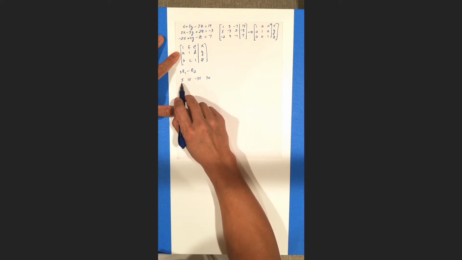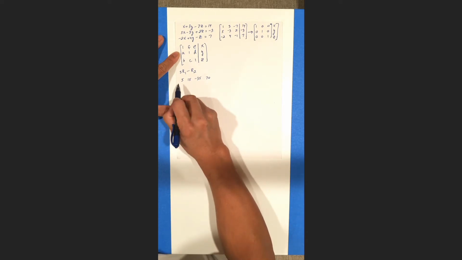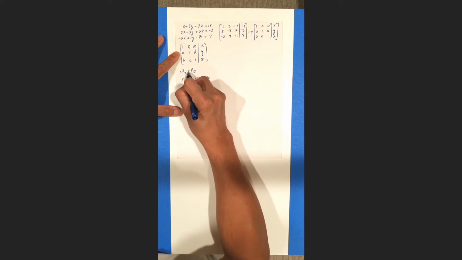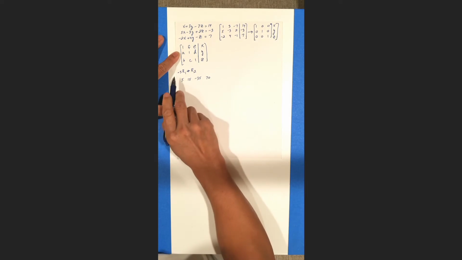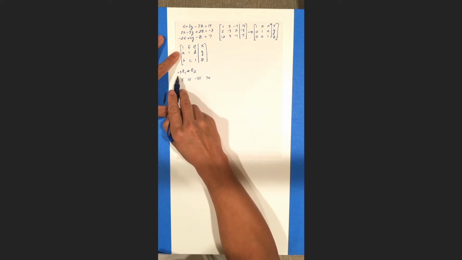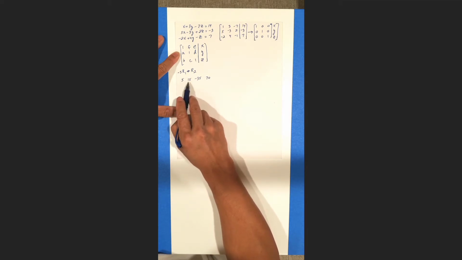Well, to make it less confusing, I like to always add. So what I want to do is add, but to do that, I'm going to multiply everything by negative 5 then. I'm going to take negative 5 times row 1 plus row 2. So that's going to change my numbers over here a little bit.